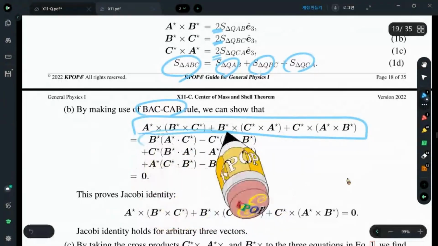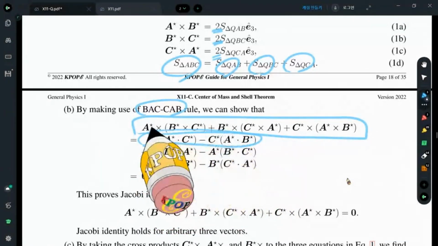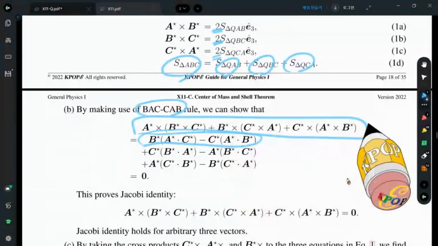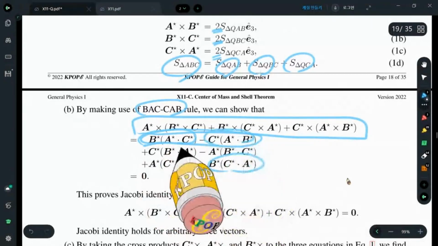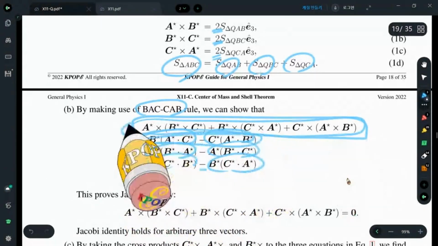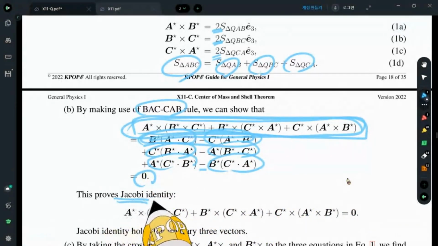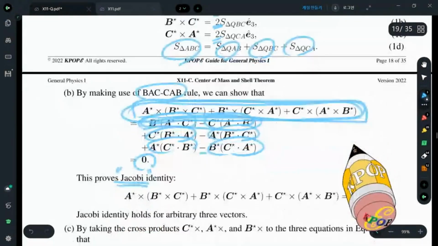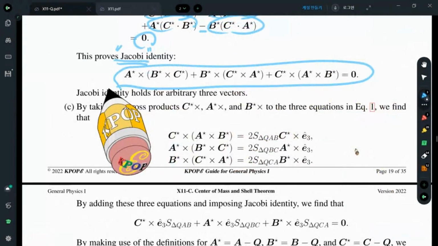Using this formula, this is for A cross (B cross C), and substitute, you can make a cyclic permutation of this A, B, C in these three pieces, and you will find this one appears in here with negative sign, this one appears in here with negative sign, and they cancel exactly. So this is exactly zero, and that is called the Jacobi identity. Jacobian is the adjective of this mathematician Jacobi. He told us this is identically zero.